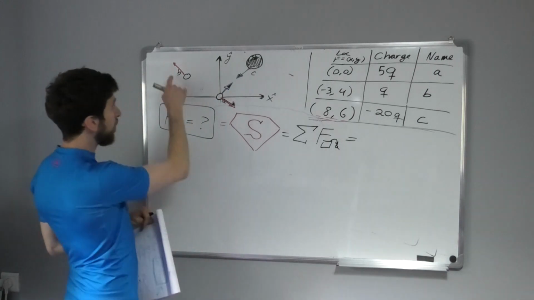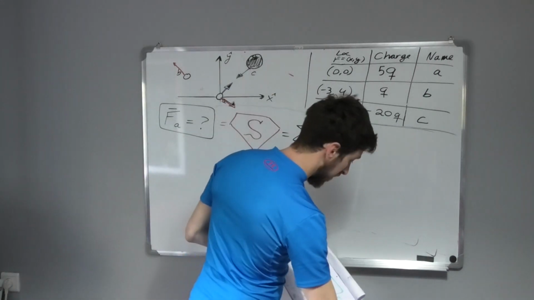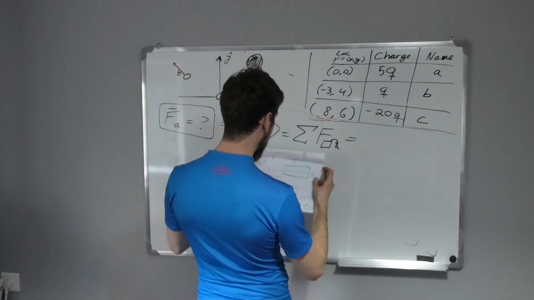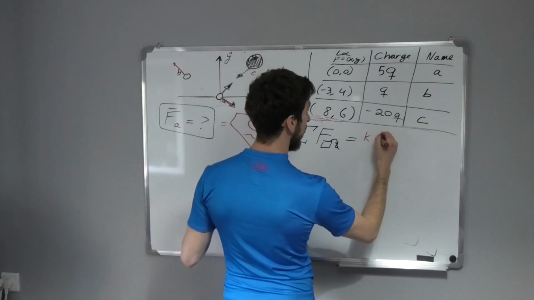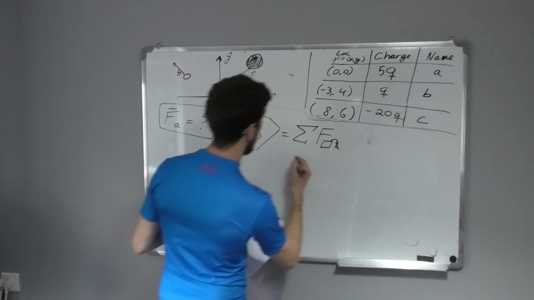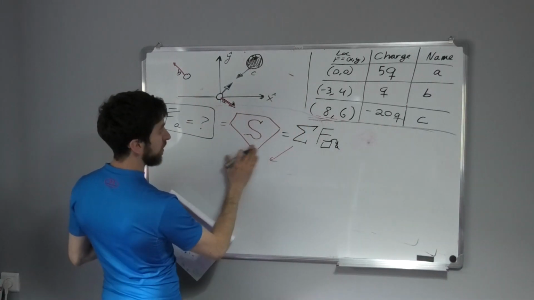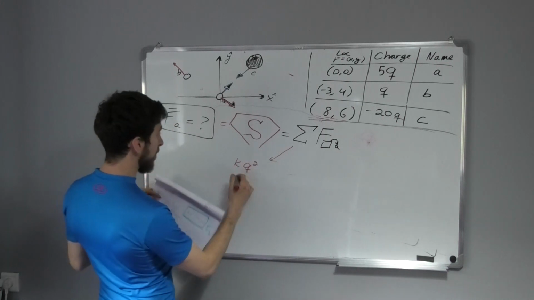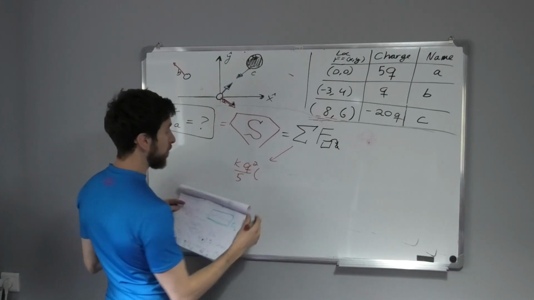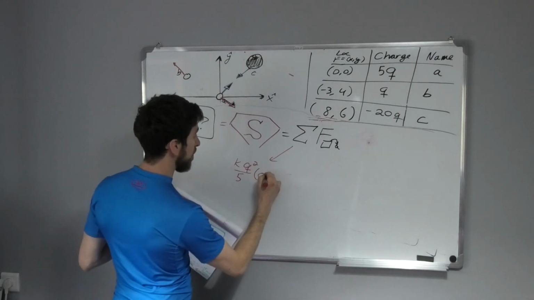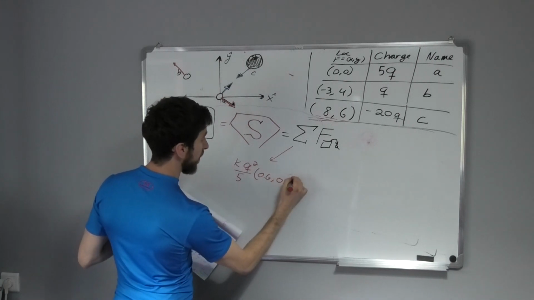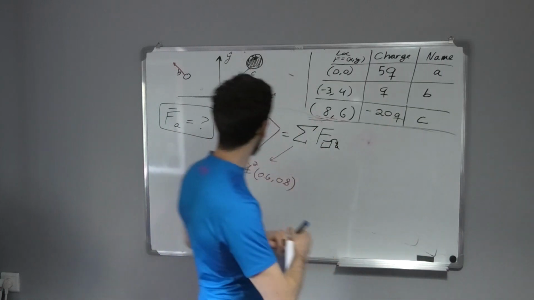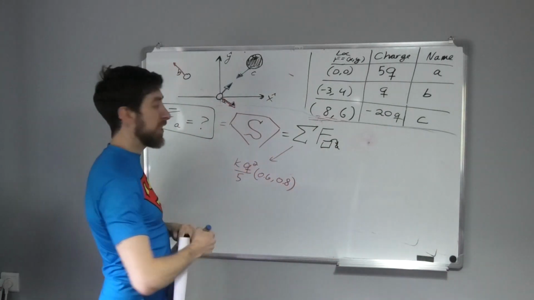We have the red one, which is B. If you remember what the force from B was, it was KQ squared over 5. This was the magnitude. And what was the direction? The direction was 0.6, 0.8.